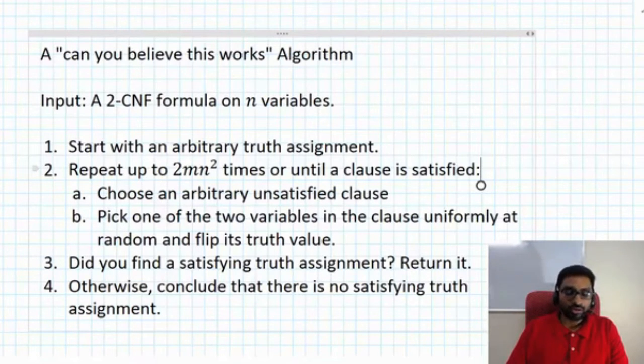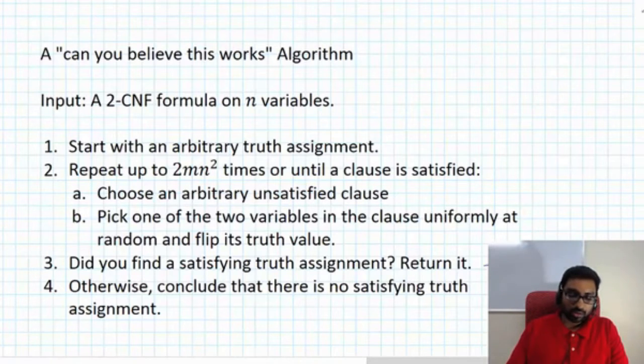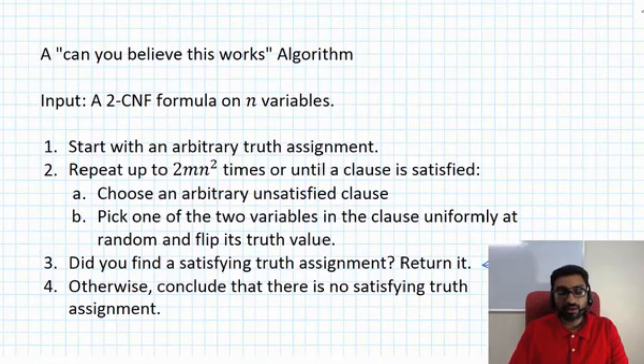Of course, if you find a truth assignment that satisfies the formula, you can terminate, and that's what we do here. But let's not jump ahead. So we repeat this process. Each time we repeat, we choose an arbitrary unsatisfied clause. Of course, if you had found a truth assignment that satisfies the formula, we'll be out of this loop.